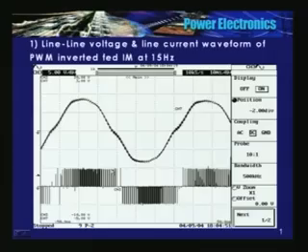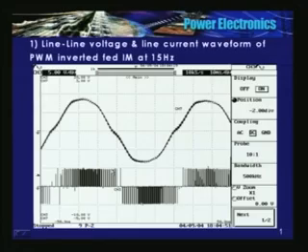Okay. So here are some of the results that we have taken in the laboratory. This is a line to line current drawn by the induction motor at approximately 15 hertz. See, without using an inverter, it would not have been possible for us to run the machine at 15 hertz.